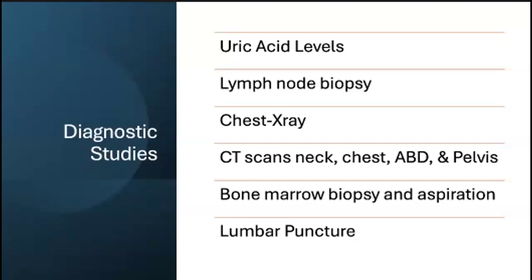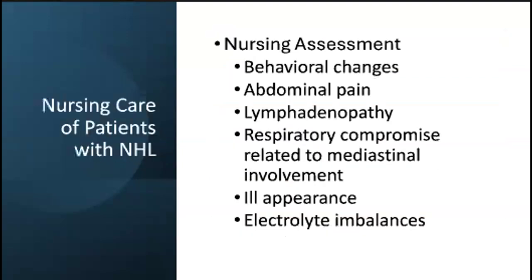Chest x-ray will look at tracheal deviation as well as identify if we have mediastinal disease. CAT scan of the neck, chest, and abdomen will give the evaluation and extent of the disease. Bone marrow biopsy and aspiration will show if we have bone marrow involvement. Lumbar puncture will assess for central nervous system involvement.